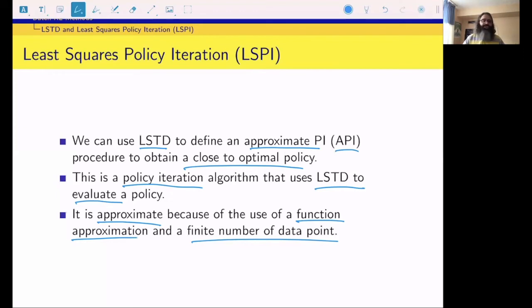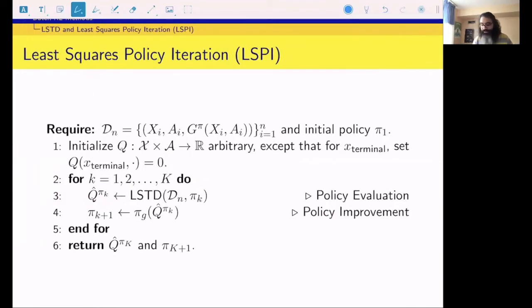Those results do not necessarily hold exactly. We may not converge to the optimal policy, and we may not even converge to any single policy. It has been observed that approximate policy iteration may oscillate. Well, maybe I should describe the method first, and then describe how it behaves.